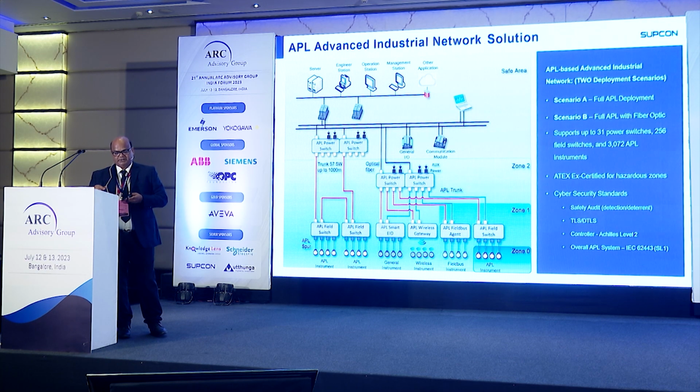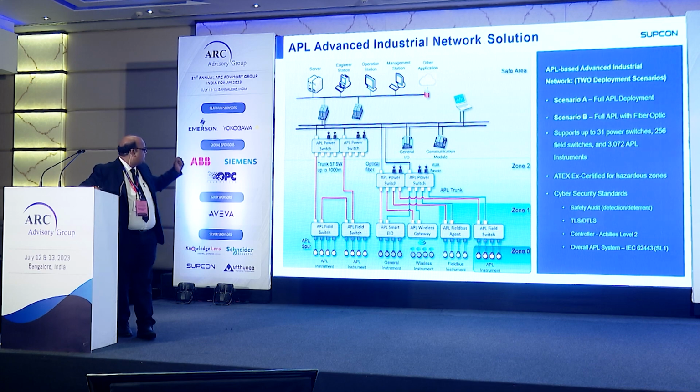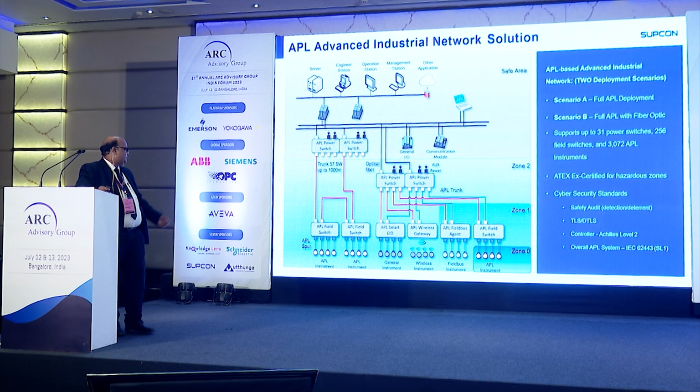You can use full APL deployment, or second scenario is that with the APL, you can use our general instruments. So first, in the full APL scenario, you can use APL power switches, and we can run the trunk for 1000 meters. And then we are having the APL field switch and APL instruments. So this is scenario 1, where we can use the total APL deployment.